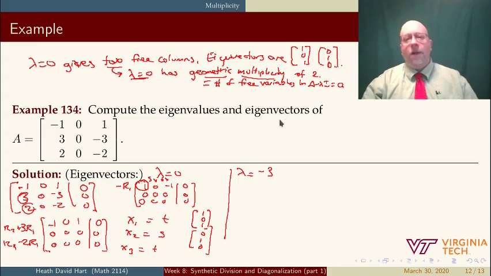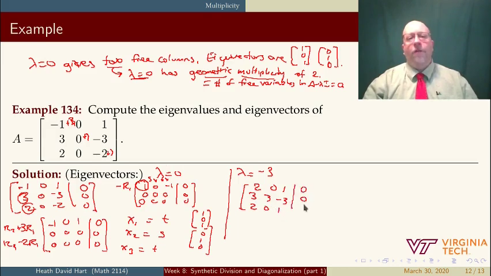To continue on, let's go through lambda equals -3. I'm going to subtract -3, which is the same as adding +3 to each of these terms. -1 plus 3 is 2, 0, 1. 3, -3, and then 2, 0, and 1 again. Augment with zeros.